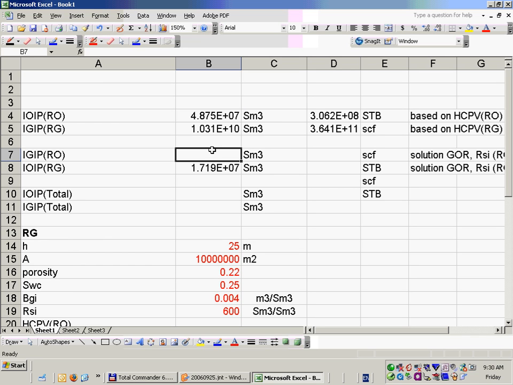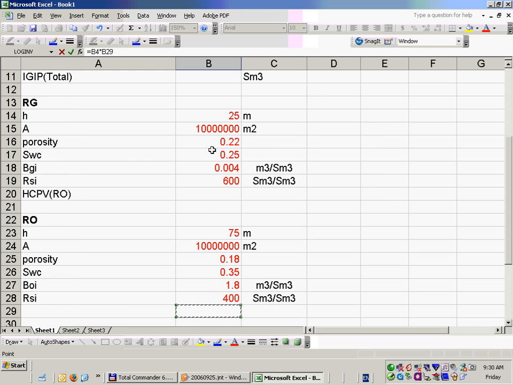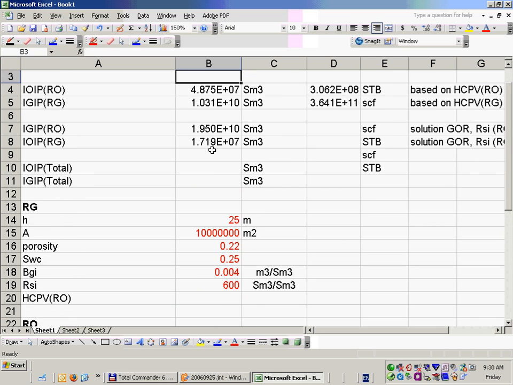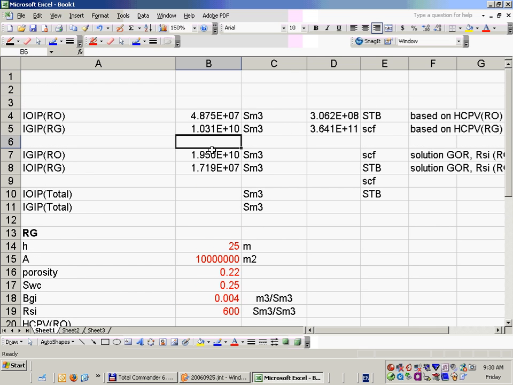Gas in place, this was the initial oil in place for condensate in the reservoir gas. Now we're going to look at what gas is in place but in the reservoir oil. And that's this number times the gas-oil ratio down here, 400. I'm going to reverse the order of these two here.